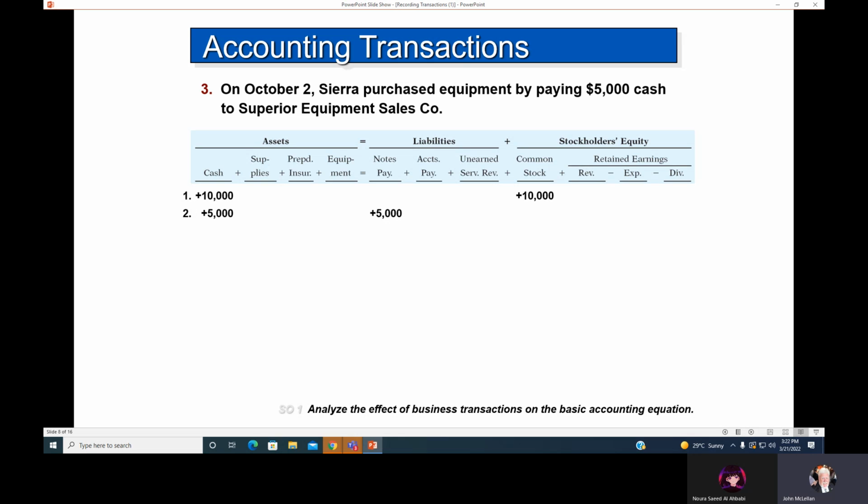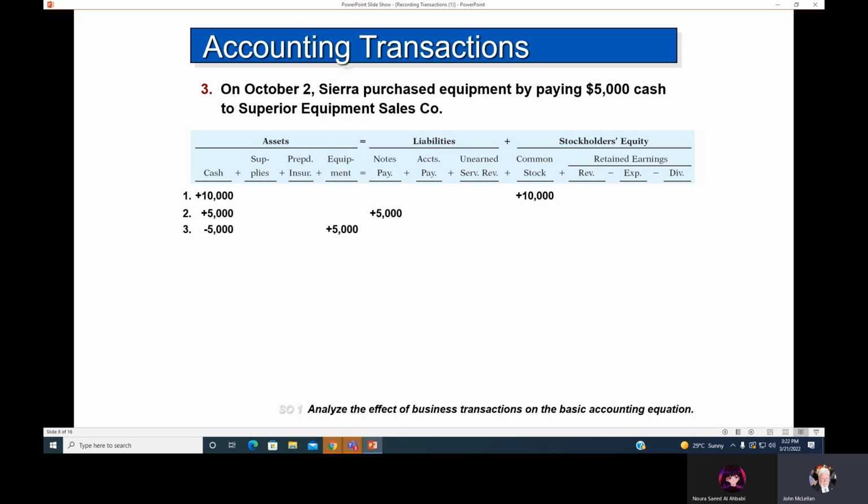Equipment and cash. Did cash go up or down? Down. Did equipment go up or down? Up. Am I in balance? Yes, a negative and a positive, both on the same side of the equal sign, means that I'm in balance.